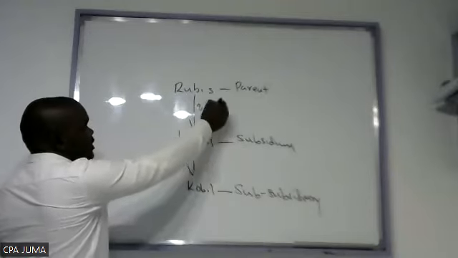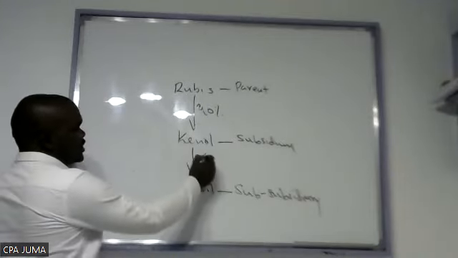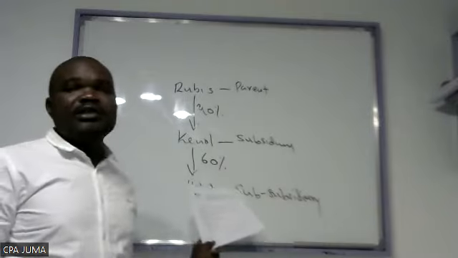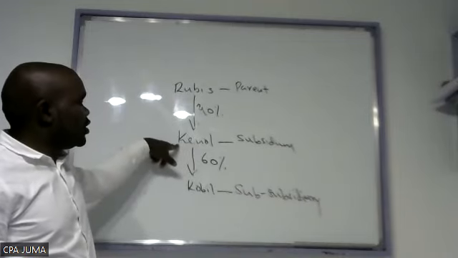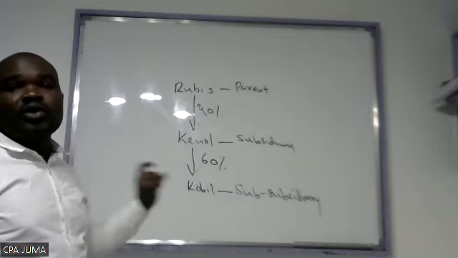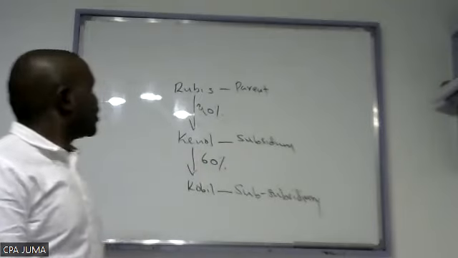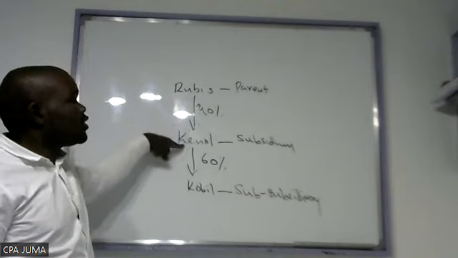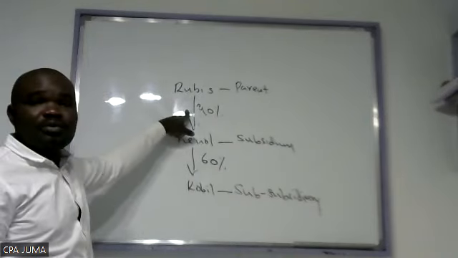Assuming this is 90%, then this one is 60. I'm not sure of the percentages. So if Rubis had acquired 90 of Kenol and Kenol had acquired 60 of Kobil, then during consolidation, when we are now doing the group account, Rubis will combine its operations with those of Kenol. Why? Because Kenol is a subsidiary to Rubis.